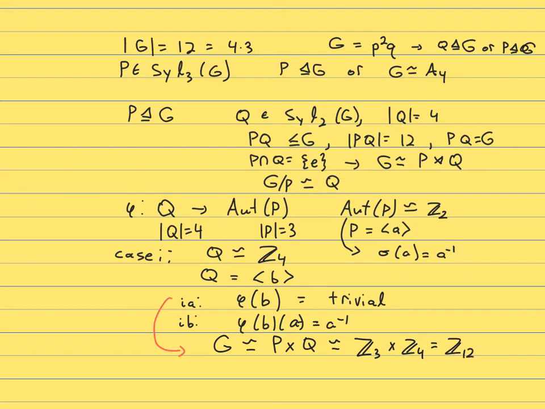Congratulations, you have Z12. I'll come back to this other one later. It turns out that it's a new semi-direct product, unlike anything we've ever seen before. So it does not turn out to be some sort of dihedral group thing.